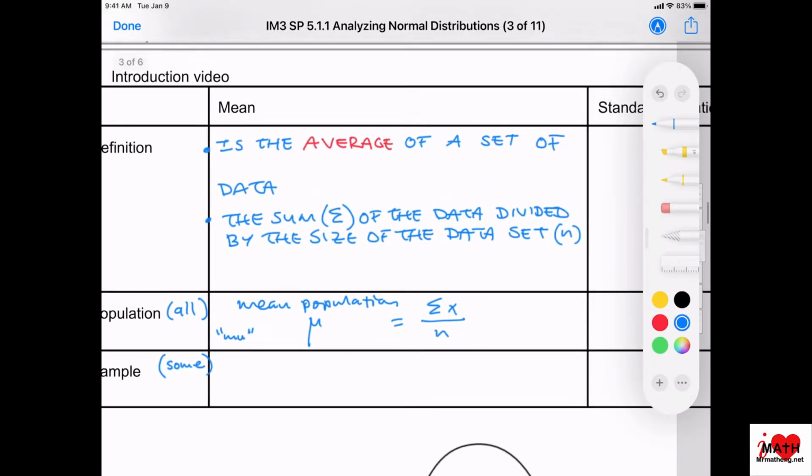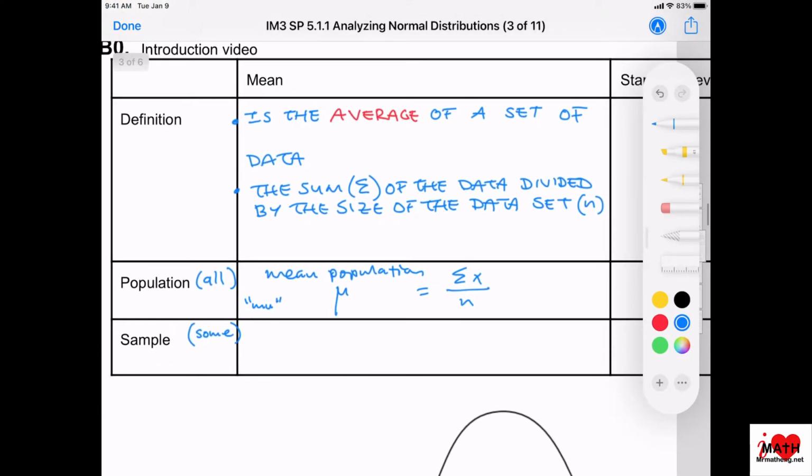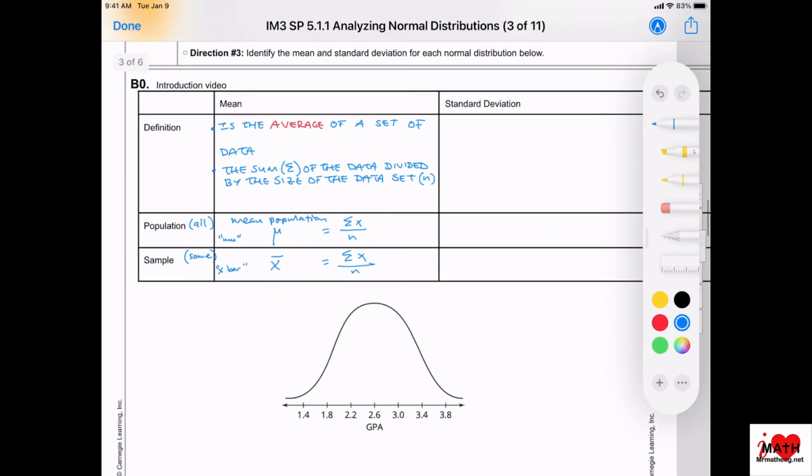Okay, that's what the mean is. That's the symbols there. Now, if you have a sample, like you just took the popcorn, that's called x bar. And that is, again, the summation of all of the data, adding them all up, divided by n. Okay?